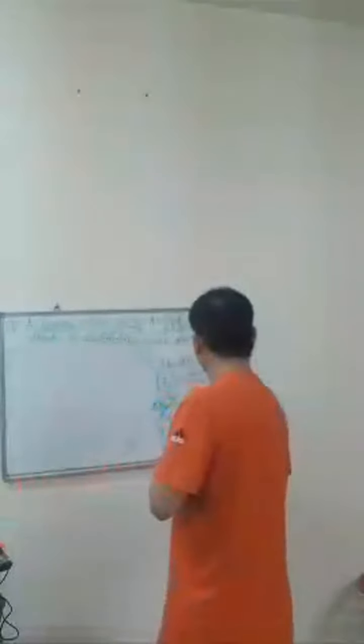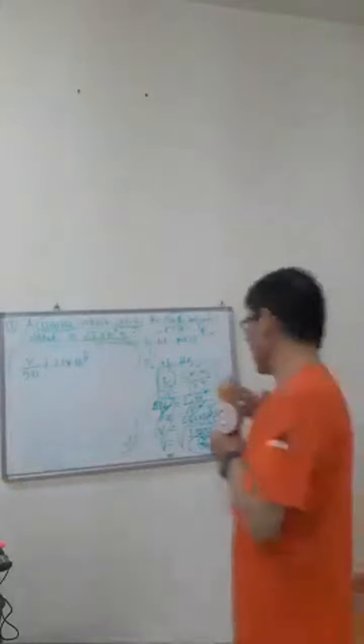So for the denominator, we will solve this. V plus 9.81 plus 2.5 times 10 to the 6. Sorry guys, I made a mistake.